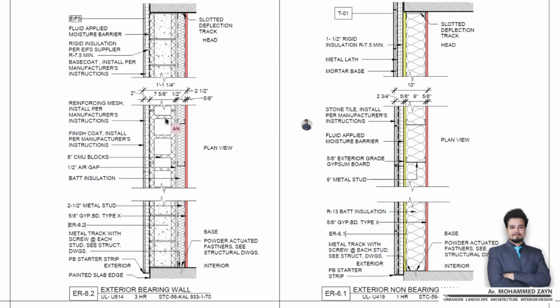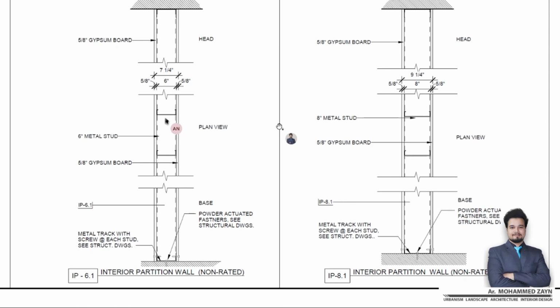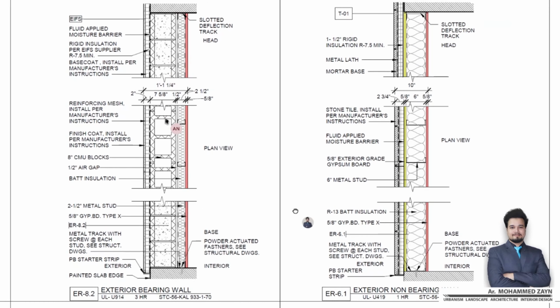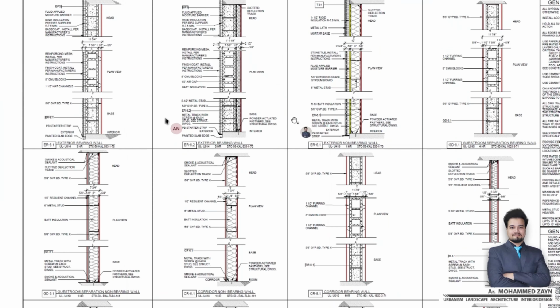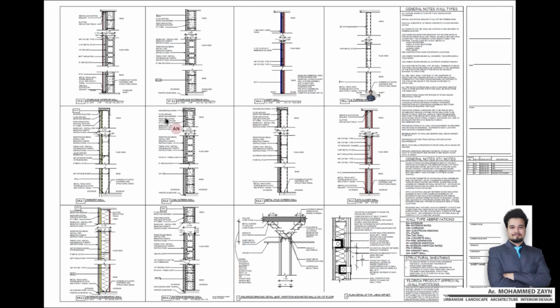We have created each and every layer that goes into making of the wall, be it gypsum, furring, or the tracks that are going to come in here. We have all the CMU walls, and you can go through all the walls and see each and every layer of each wall is defined perfectly. And these are not just a drawing. This wall you see is made in 3D.